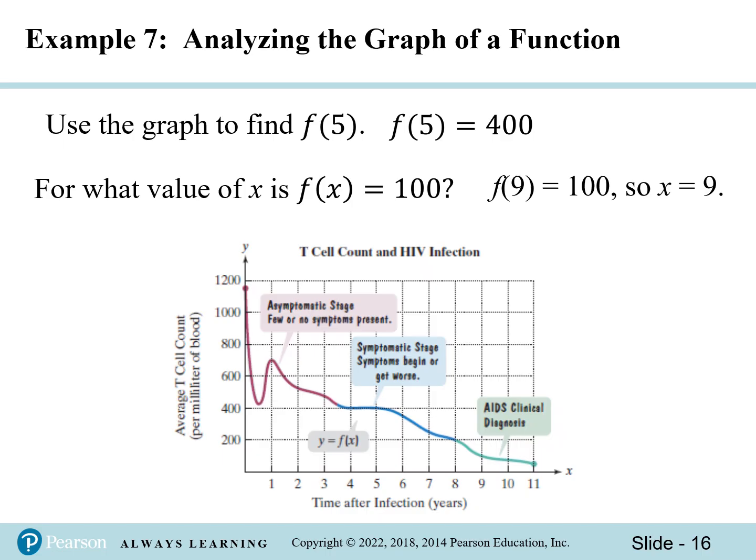This will help. So if I kind of draw the line, that's 100. Right there. Around there. Okay, so I'm looking for that point there when x is 9. And with the first one, 5, I'm looking right here where it crosses.